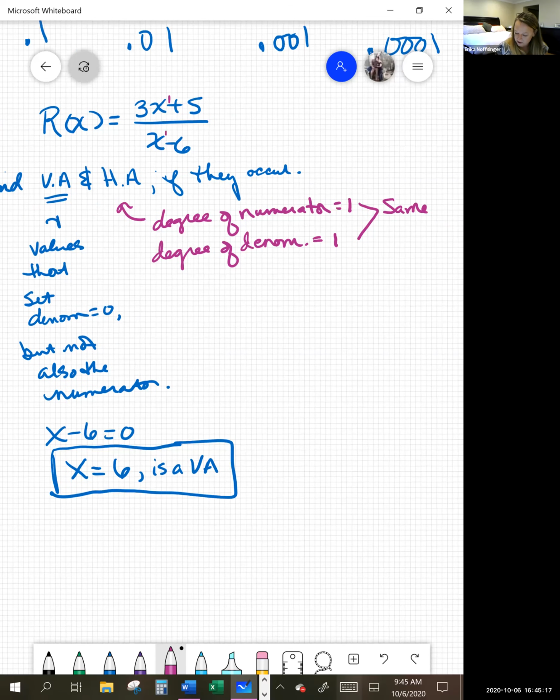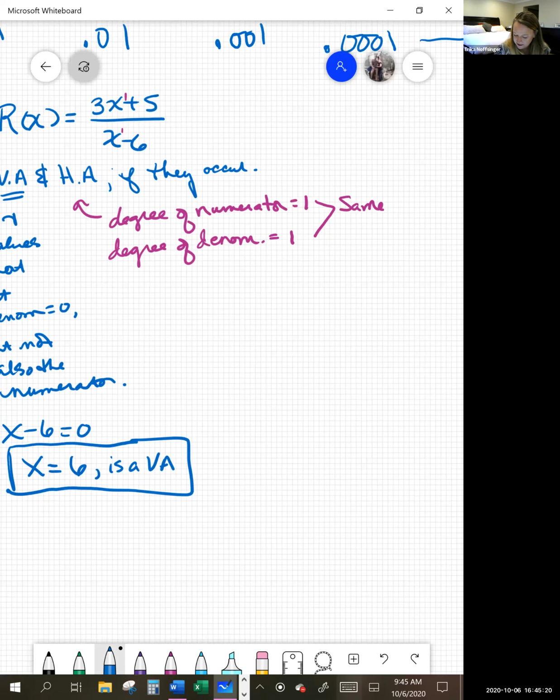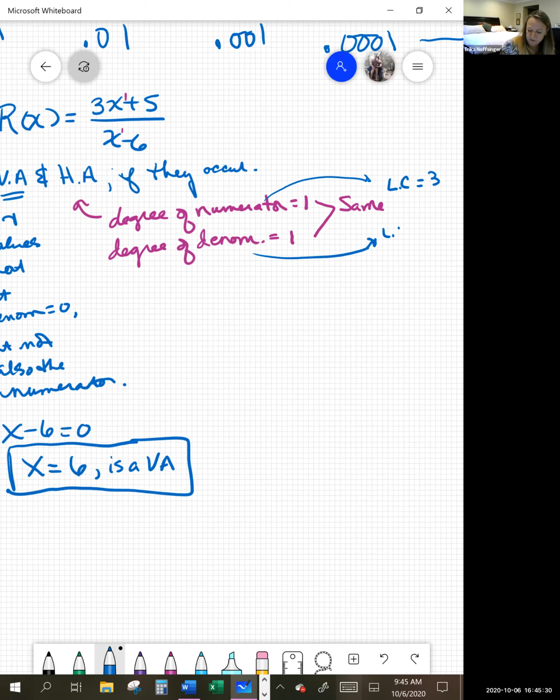Our leading coefficient, LC, for our numerator is 3, and for our denominator, the number in front of x is 1. So we have a horizontal asymptote at y equals leading coefficient of the numerator, 3, divided by leading coefficient of the denominator, 1. So y equals 3.